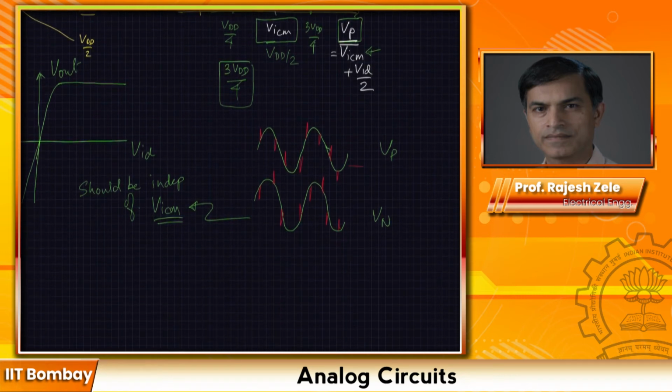So when we feed this into our op-amp based differential amplifier circuit, what we desire at the output would be something like this. I'm just going to draw it. So you will see something that will go like this, something like this.